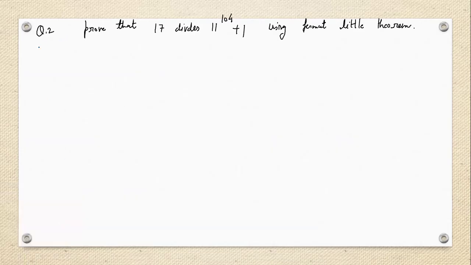Now, proof solution. Here you can see that 17 and 11 are both prime. But among which of the two will we use for Fermat's Little Theorem? Because Fermat's Little Theorem says that if n is prime, then a to the power n minus 1 is congruent to 1 mod n.